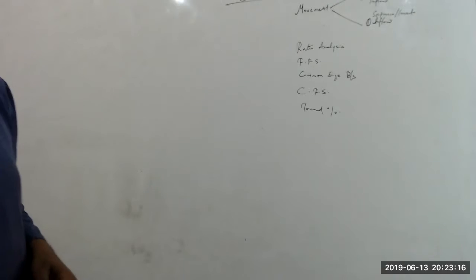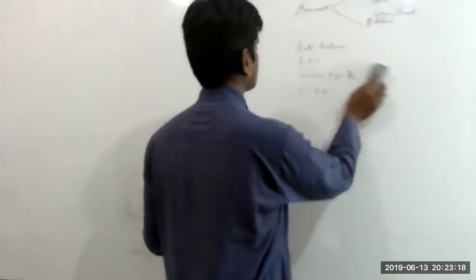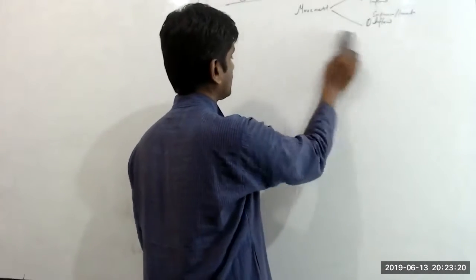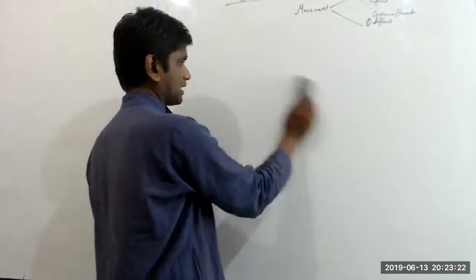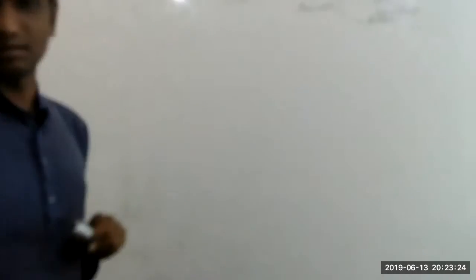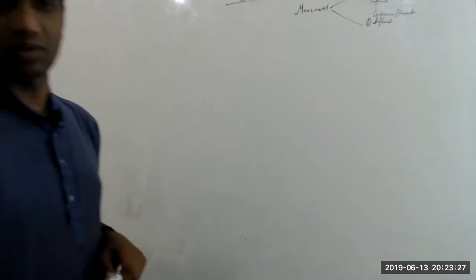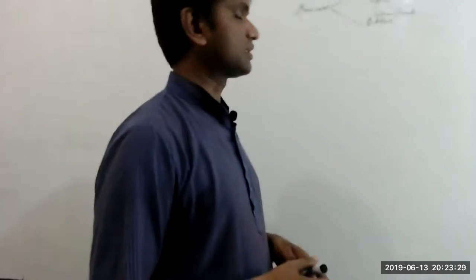This is one of the most important tools because it is now mandatory to prepare a cash flow statement along with the financials from the ROC point of view when filing the annual returns.